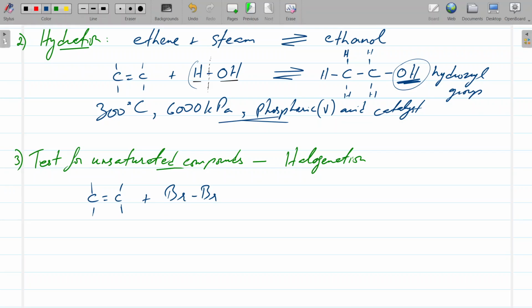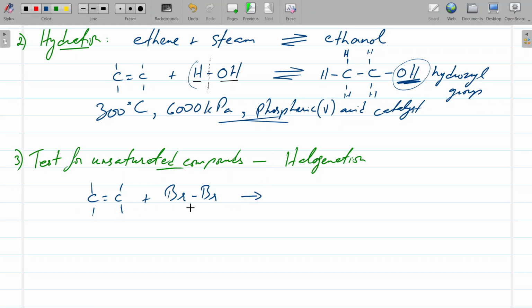Well, iodine is solid at room temperature. Bromine is a liquid. The problem with chlorine and iodine, if I'm not mistaken, is that the color doesn't stand out. Bromine is orange brown. You can really make out the color, and the color is important in this case, and that's why we're using bromine.